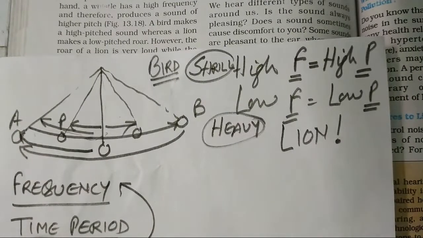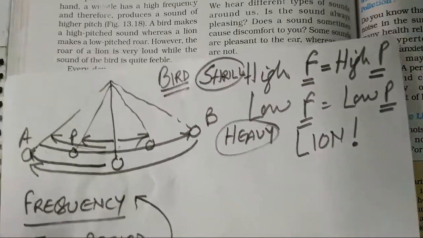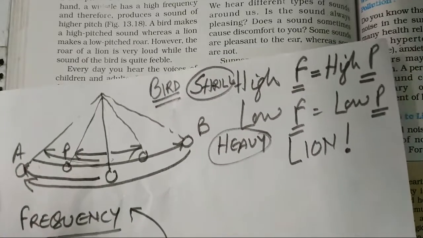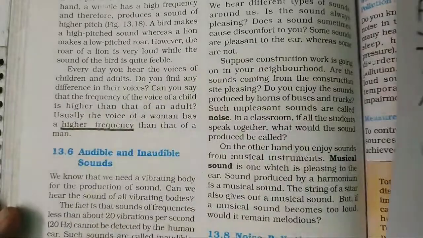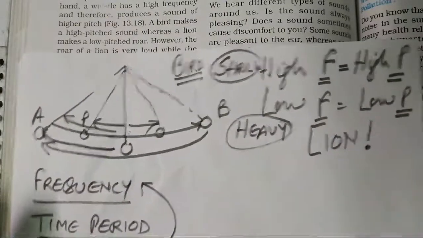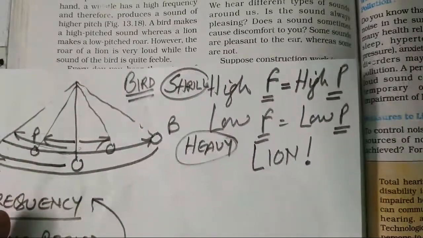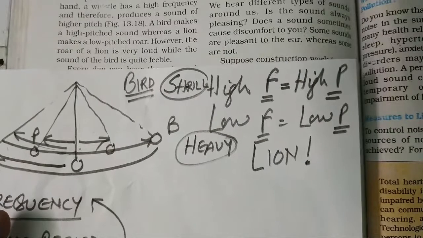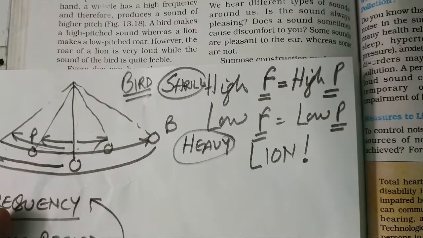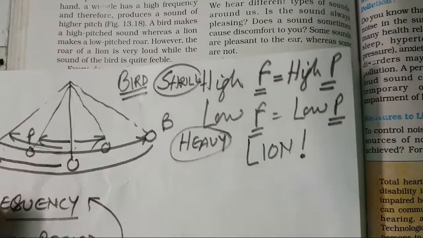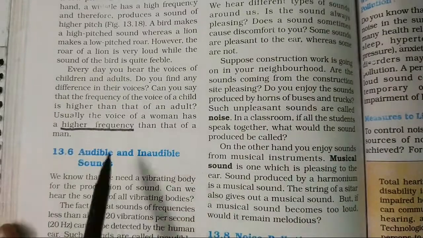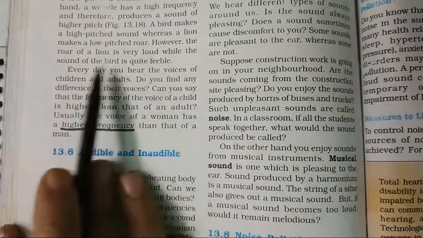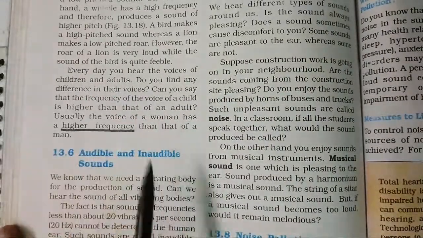Is it like that? Yes, it is like that. The sound is shrill, and we know that shrill sound means high frequency and high pitch. And the lion has low frequency and low pitch. So this is the part which is important.